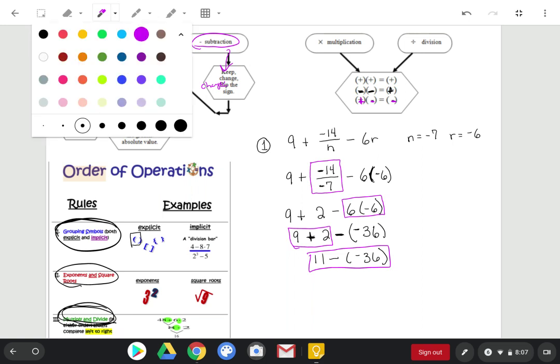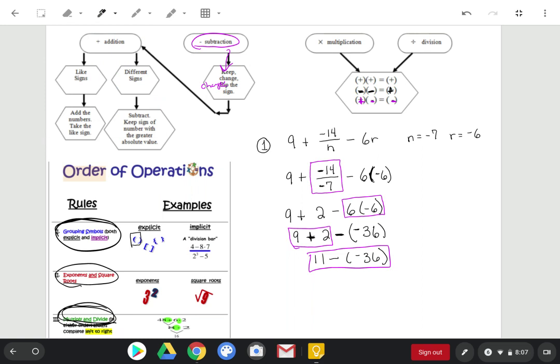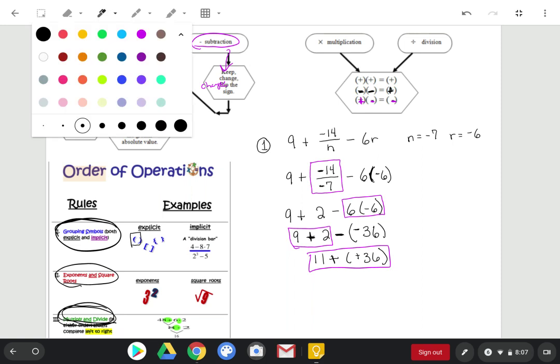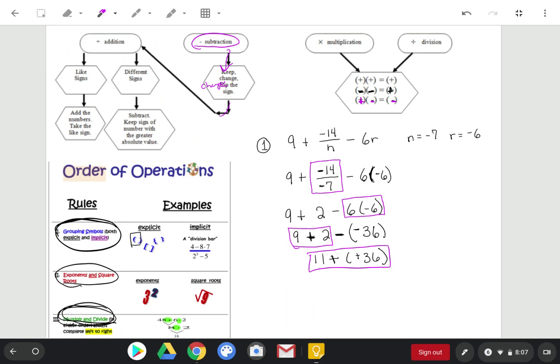So I'm going to do that. I am going to keep the 11 just as it is. I'm going to change the subtraction sign to an addition sign. And I'm going to change the negative 36 to a positive 36. So now I have a positive 11 plus a positive 36. So I just follow my integer rules.